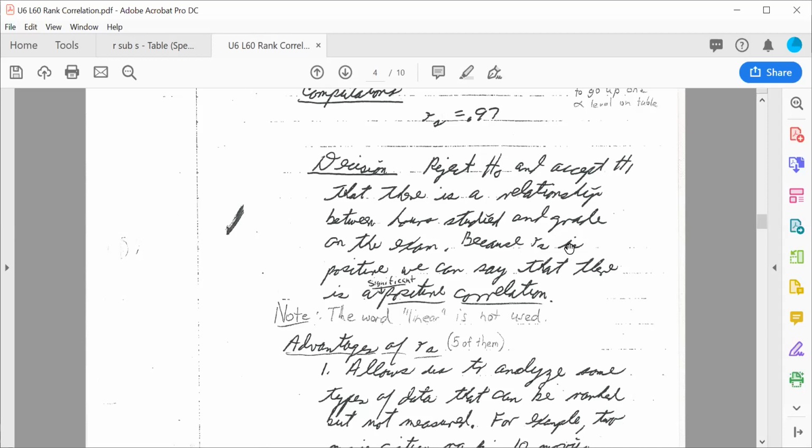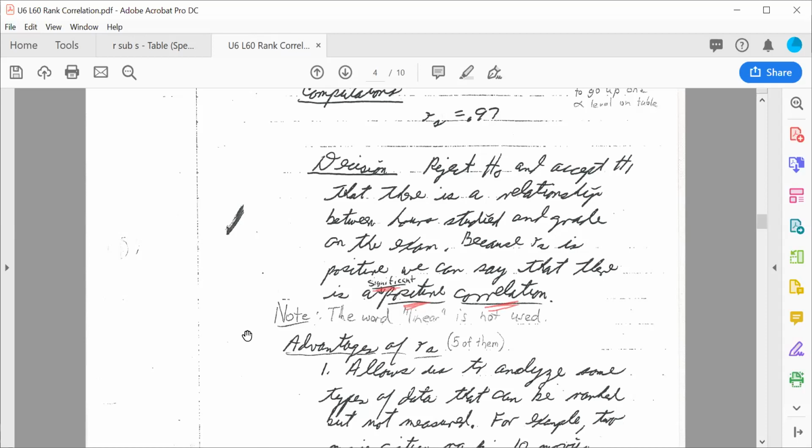So because R sub S is positive, we say that there is, now 3 magic words, not 4, but 3, a significant positive correlation. Notice it's 3 magic words and not 4 magic words. Why 3? Because the word linear is not used. Believe it or not, we're done with the test. That was really quick, wasn't it?